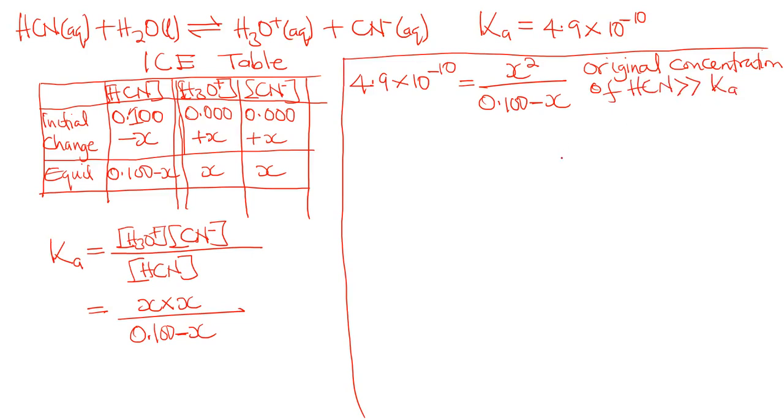Because of that, we assume X is small. Therefore, assume X is small. In that case, we can ignore the X in the denominator.